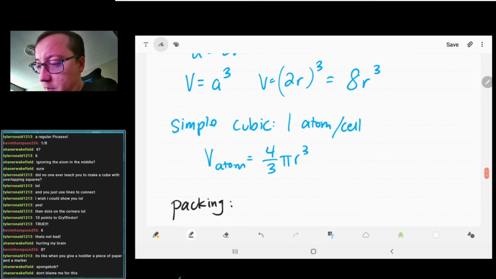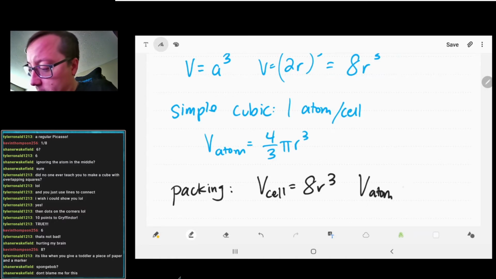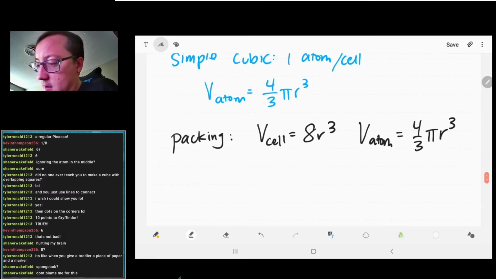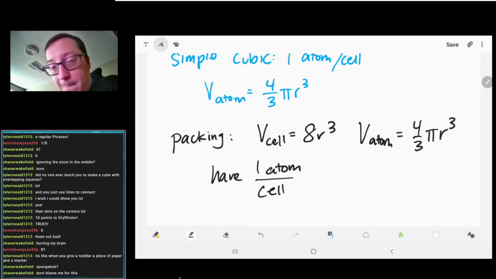So here's our information. We have the volume of the cell, which is 8R cubed. We have the volume of the atom, which is 4/3 pi r cubed. And now we also know that we have one atom per cell.